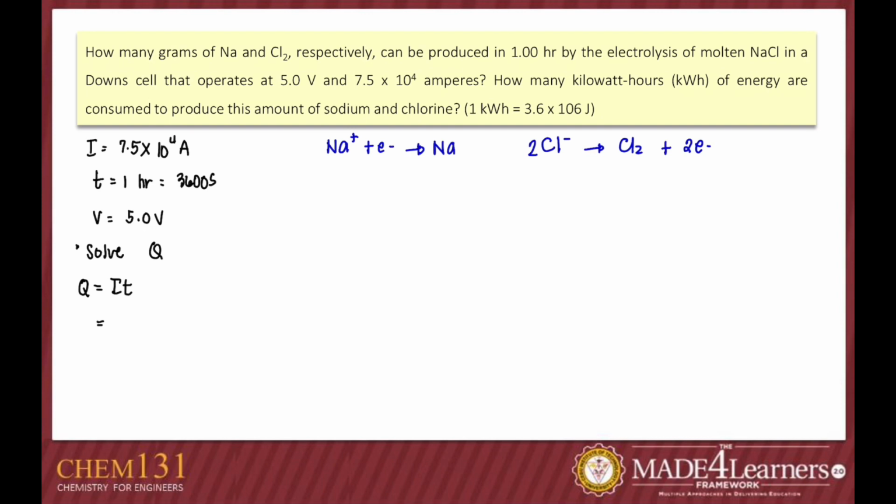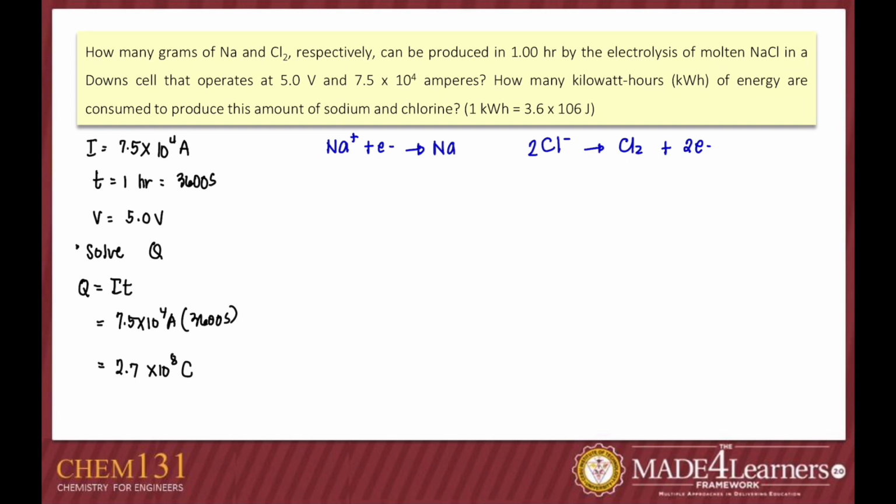So the current is 7.5 times 10 to the power of 4 amperes times the time, which is 3,600 seconds. So we have Q, that's 2.7 times 10 to the power of 8 coulombs.